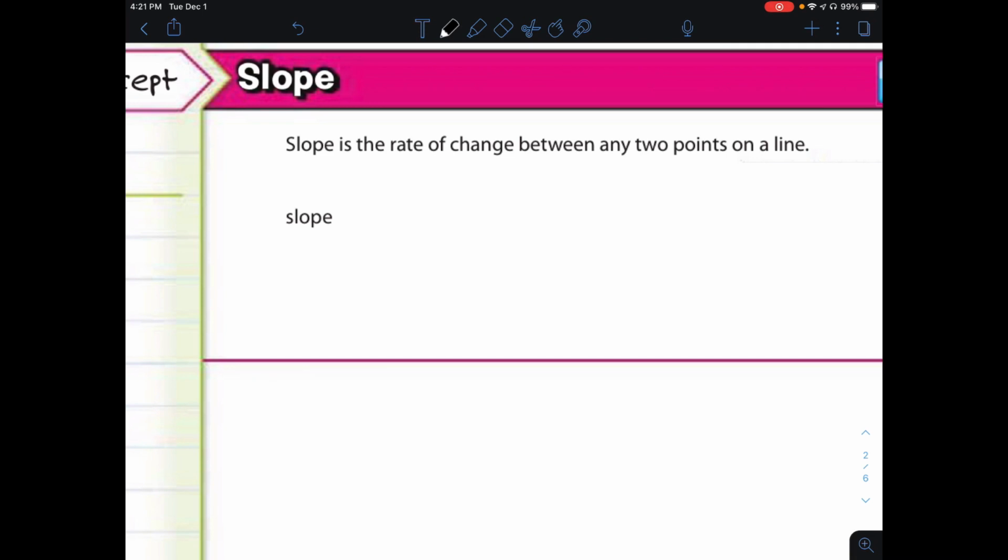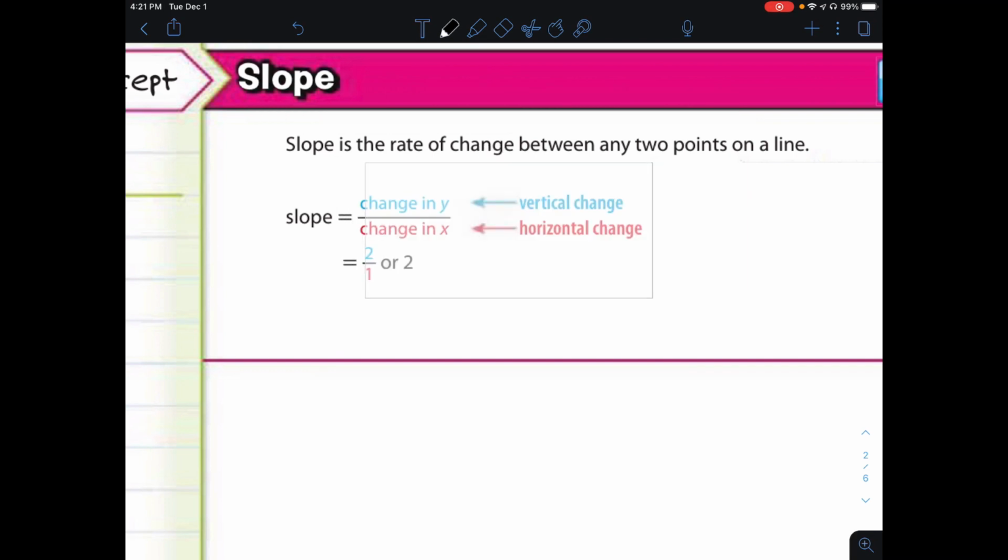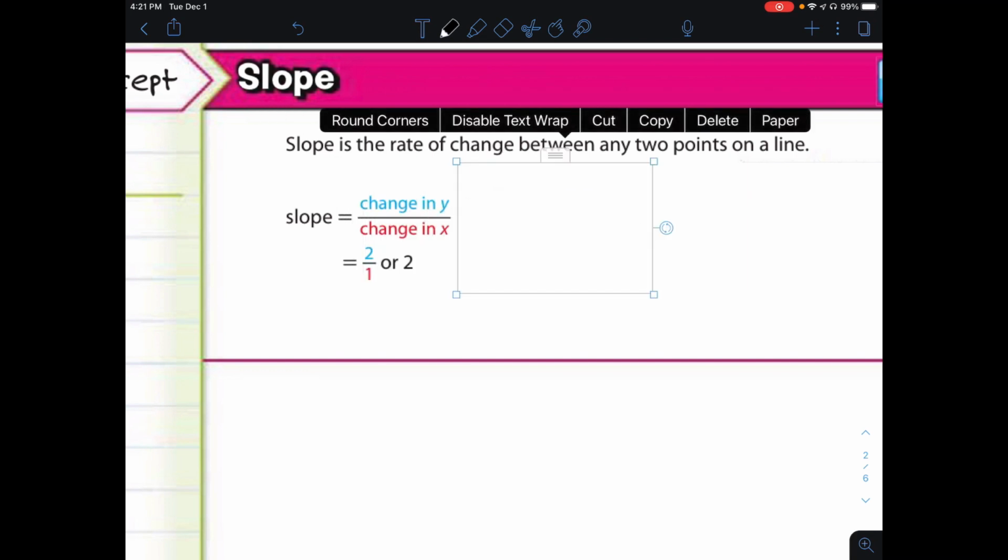So when you talk about slope, slope is actually equal to the change in y over the change in x. Remember last lesson I told you, when we graph linear relationships, I also discussed on the video change in y over change in x, and that is the rate of change, and that is basically your slope.